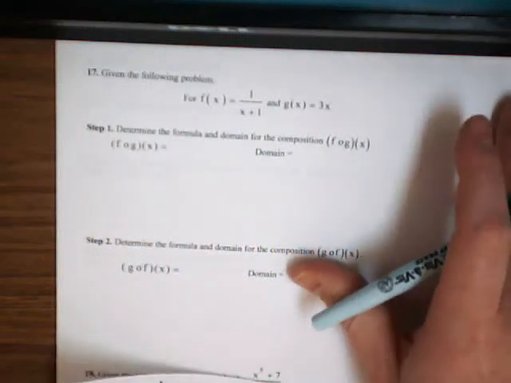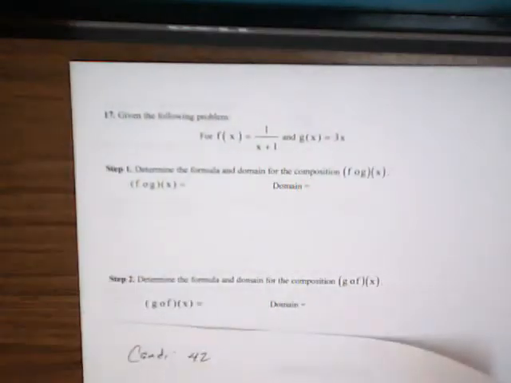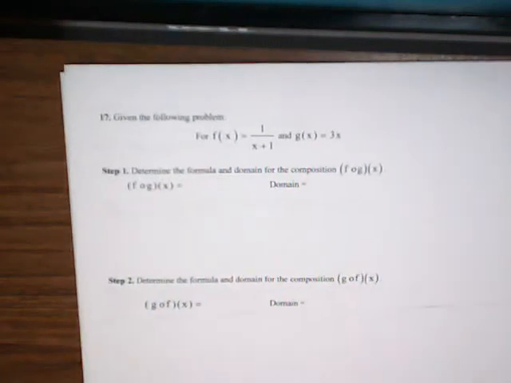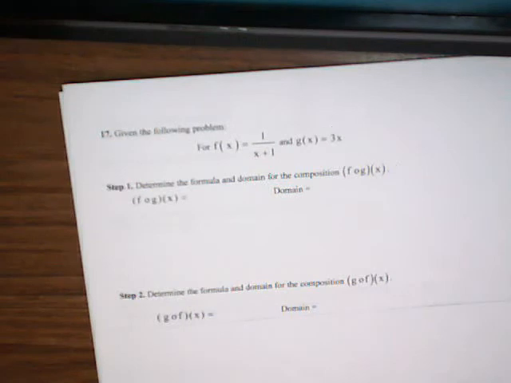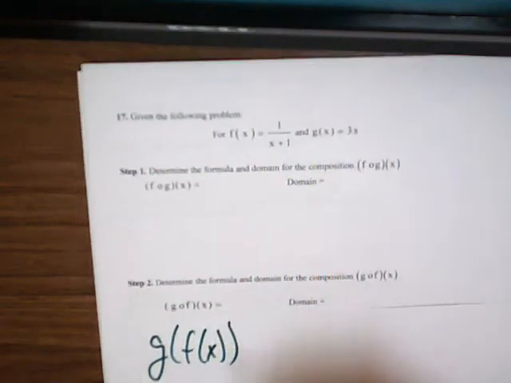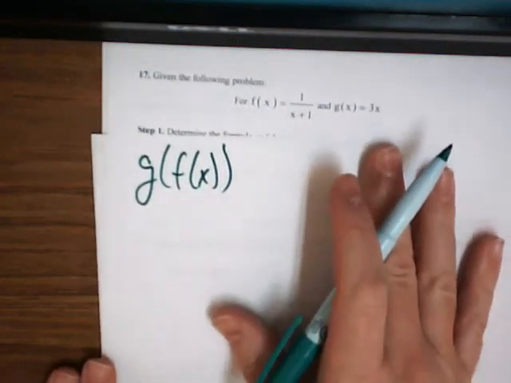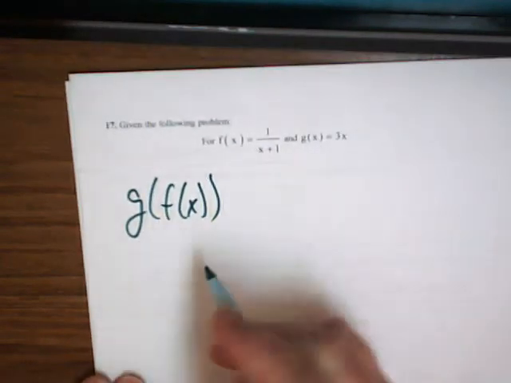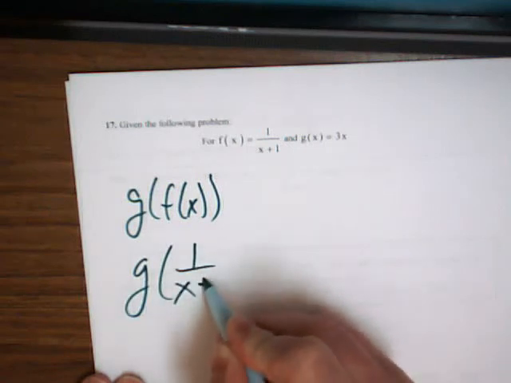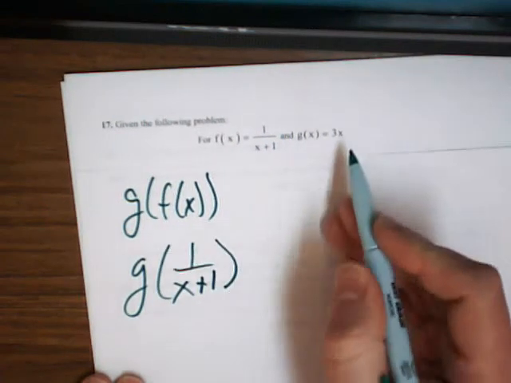So let's do it backwards. Let's do the other one now. G composed of f. So this time you're putting f of x into g of x. F of x is this big one, so you're plugging that into this.